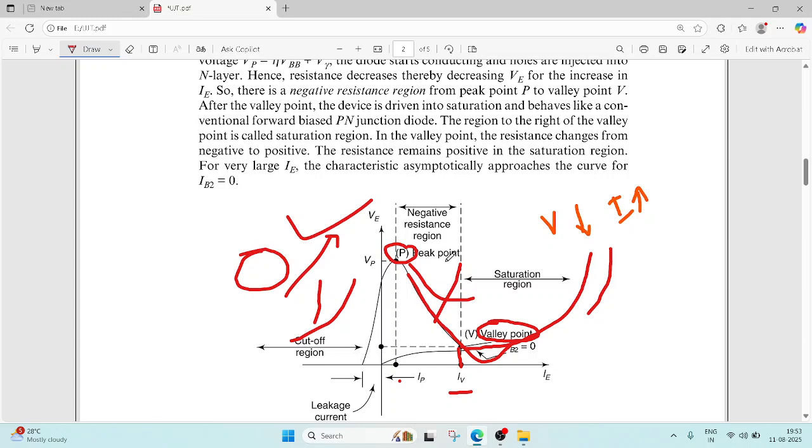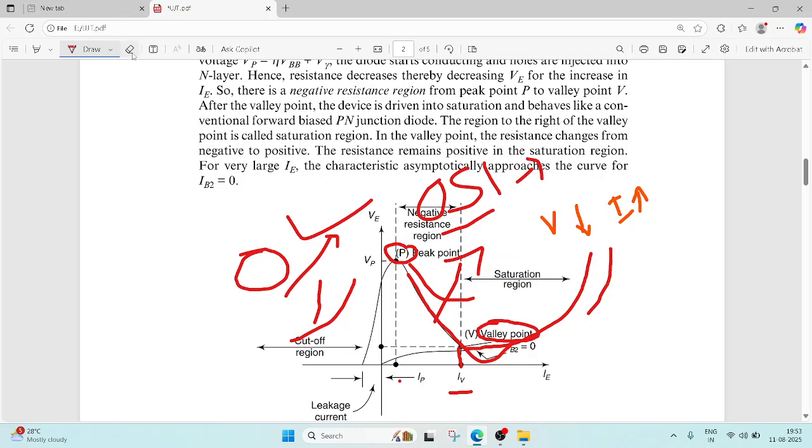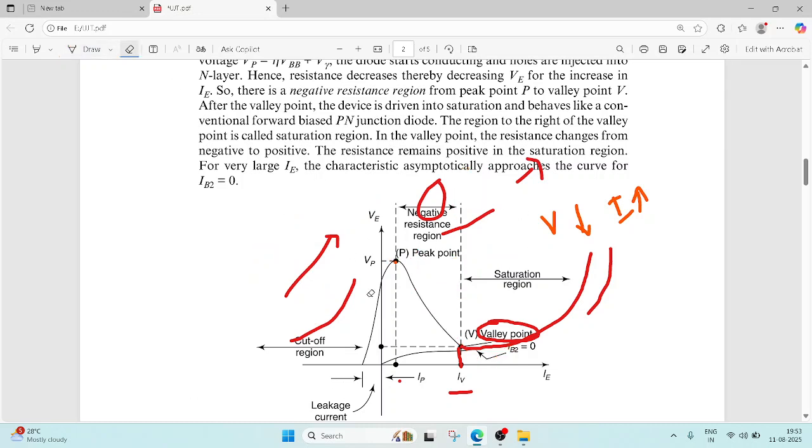In this negative resistance region, the UJT acts as an oscillator. An oscillator is a device that produces output without input. So in the negative resistance region, it acts as an oscillator.